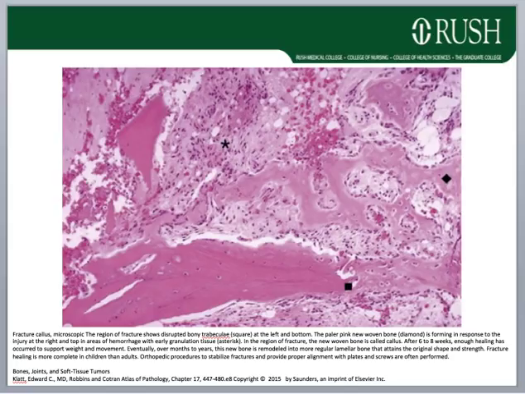The asterisk identifies granulation tissue that forms after the development of the hematoma and on its way to forming the soft callus.